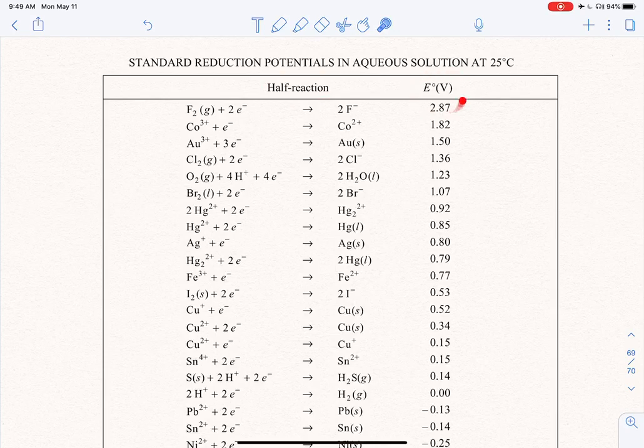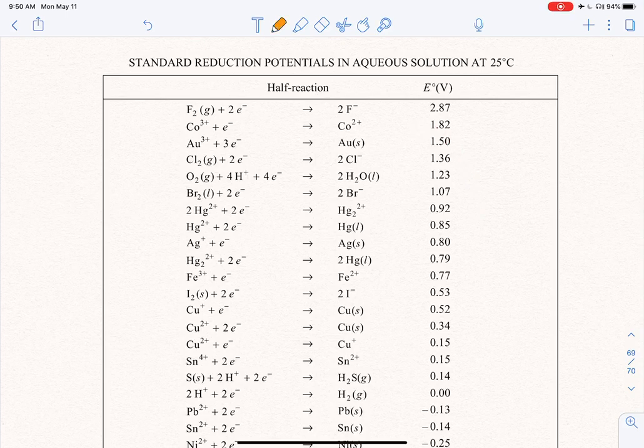And what this has is the electrochemical potential for half reactions. Okay, so notice all of these reactions have electrons floating around in them. So what you can do is use these standard reduction potentials to calculate the potential of various electrochemical cells based on their whole reactions using all of these values.